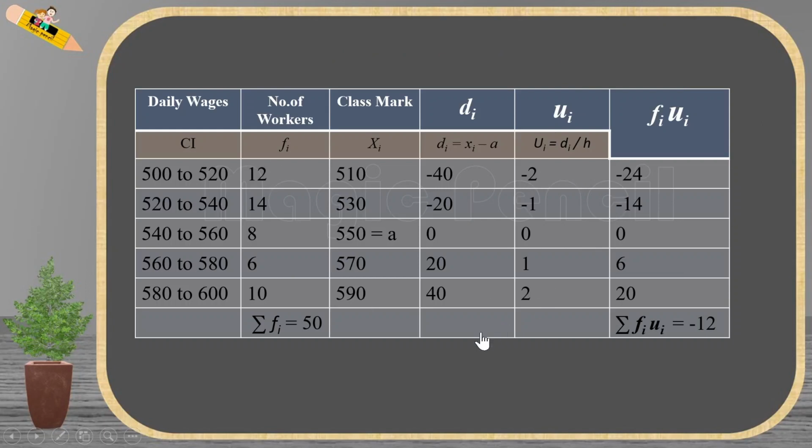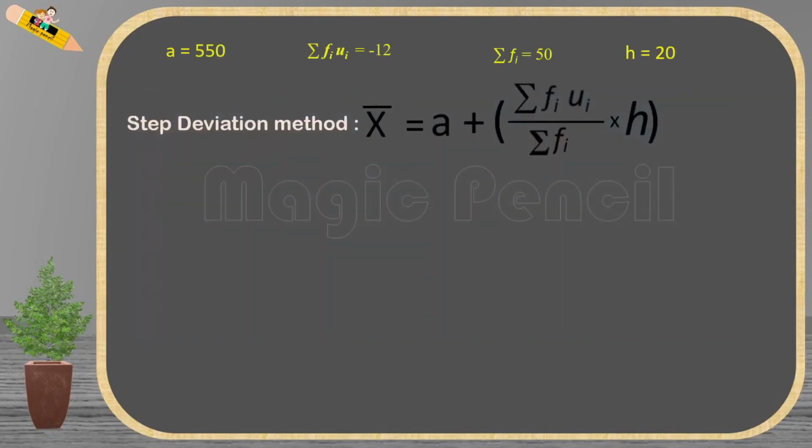Now we have all the required values to calculate mean using step deviation method, and these highlighted values are required to calculate mean. Let us substitute those values and simplify so that we can get mean. A is equals to 550 we have here, and sigma fiui we have minus 12 here, and sigma fi value 50 into h value 20, and all these values we have written here on top of the formula.